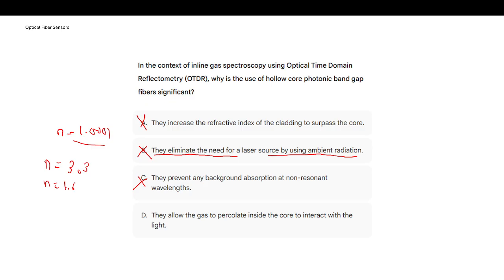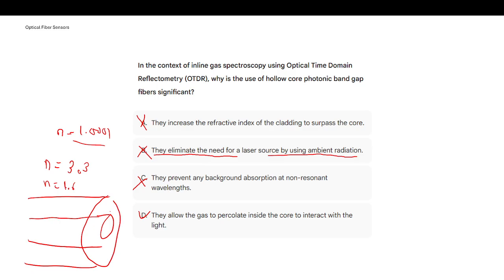So the correct option is option D, where I'll read what is written: they allow the gas to percolate inside the core to interact with the light. That's the correct answer. You have the hollow core. Suppose cladding is outside, and you have hollow core inside.